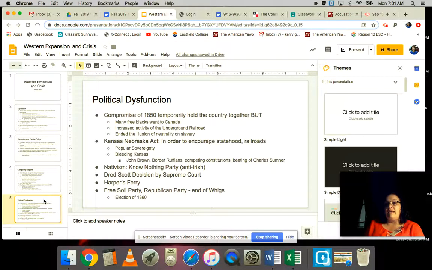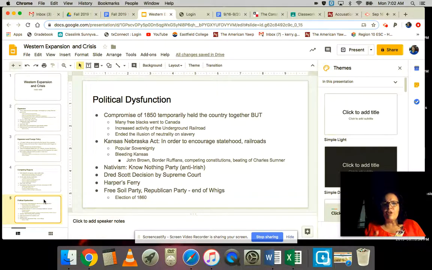That results in violence by border ruffians, violence by John Brown, who kills, like 6 people that were pro-slavery. And so you've got lots of kind of issues. You end up with two constitutions coming from Kansas. Congress eventually accepts the Topeka Constitution, which is the one that does not allow slavery. So Kansas ends up being a free state. But it was a huge controversy, right, over what was happening with Kansas.